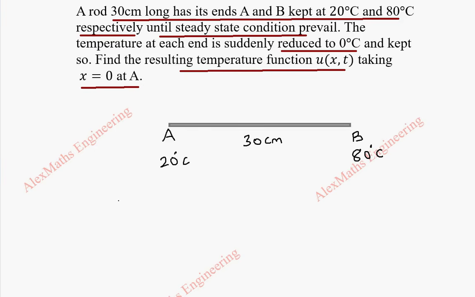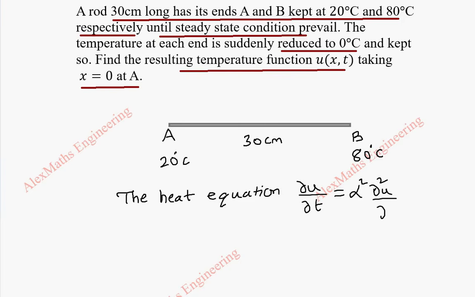Let's write that the heat equation is dou u by dou t equal to a square into alpha square into dou square u by dou x square. This is the heat equation.